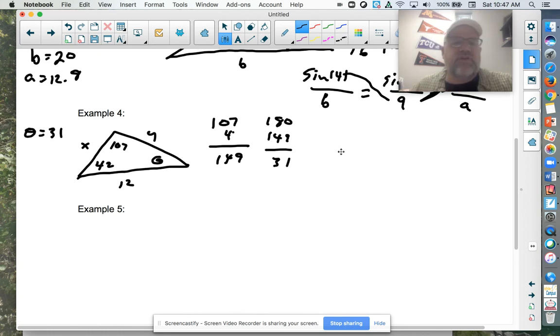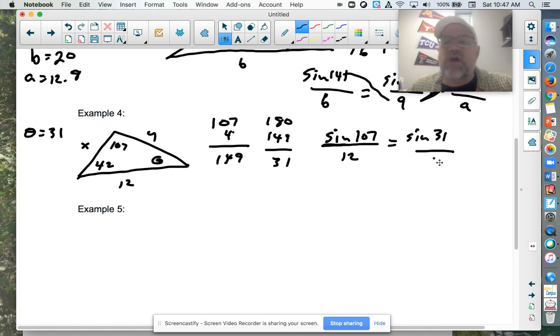All right, so let's figure out the law of sine. So we're going to say sine of 107 over 12 will equal, let's try x first. Sine, and what is the opposite of the x? 31 over, I don't know. So let's do my cross multiplication.